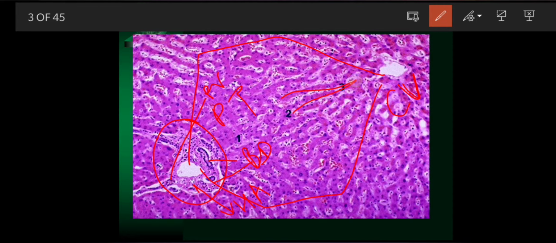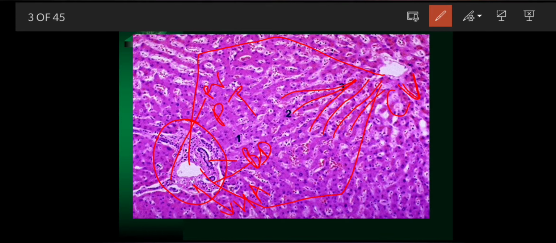So these are nothing but the cords of hepatocytes running, and the functioning lobule or liver acinus is described which has a portal triad at the center, and it is surrounded at the periphery by portions of several classical lobules.